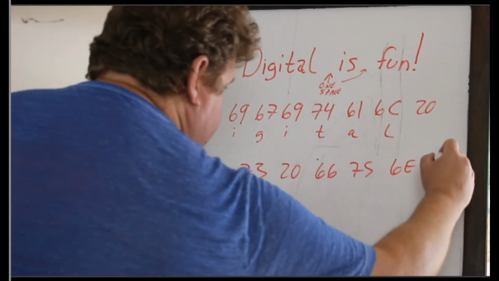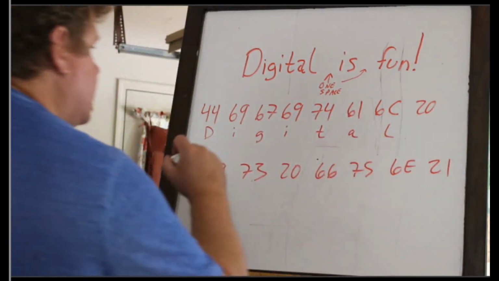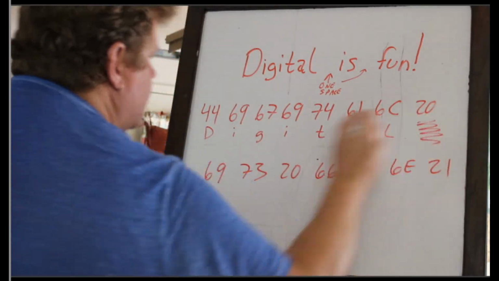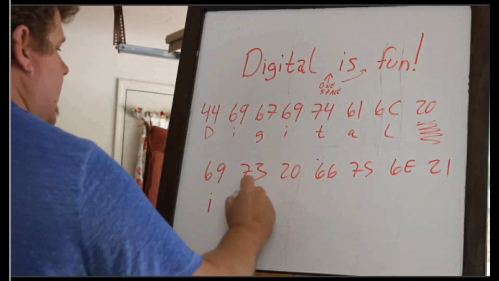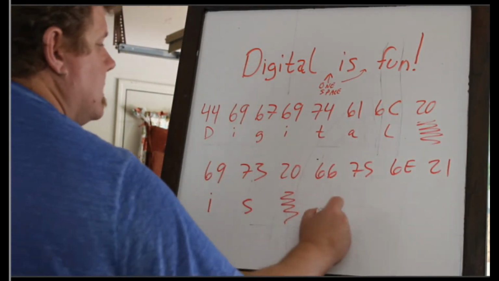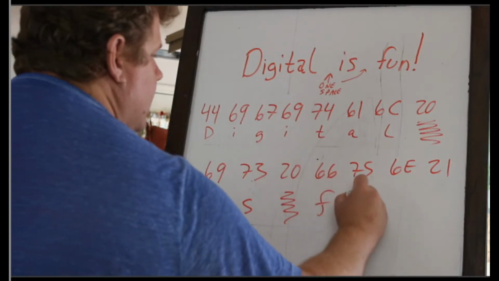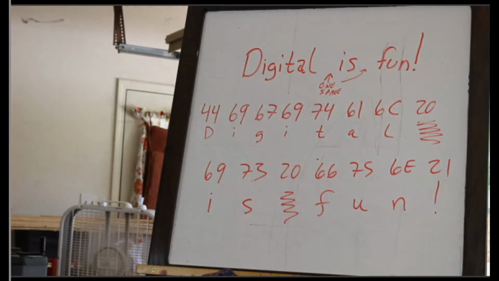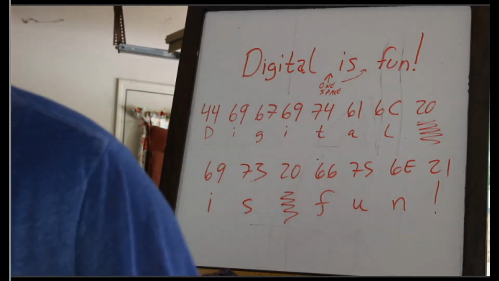The exclamation point is 2, 1. So this is digital, there's a space here, lowercase i, s, space, f, u, n, just like that. Okay?